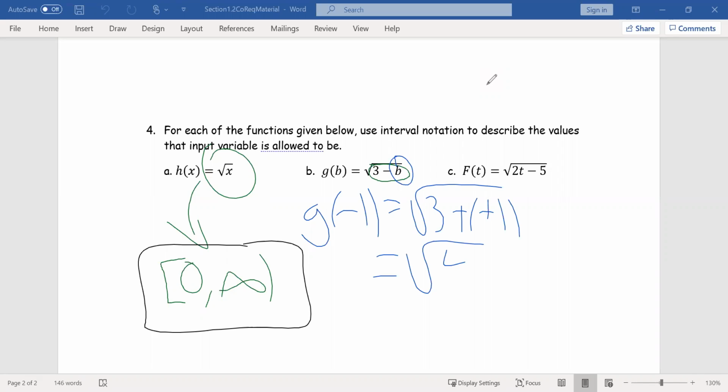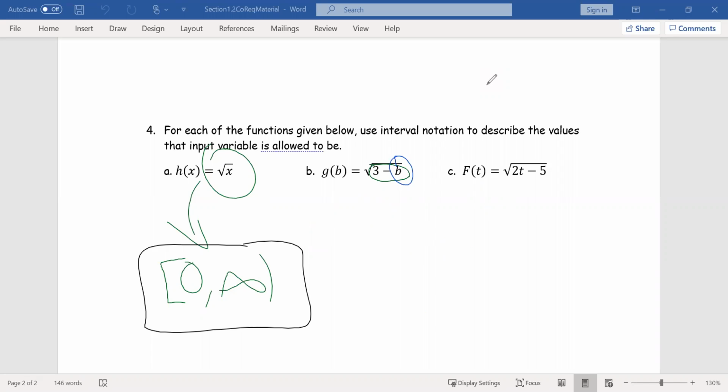So I'd have 3 plus 1, which is 4, and the square root of 4 is 2, and that's all good. We didn't have any problems there. So it's not that the value of the variable can't be negative, it's that the thing underneath the square root, that 3 minus b, can't be negative. In fact, 0 is the lowest it can be. It has to be 0 or anything bigger than 0.